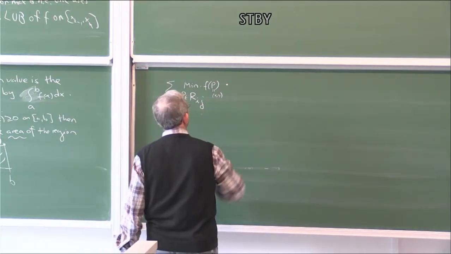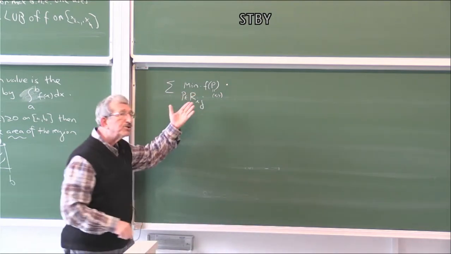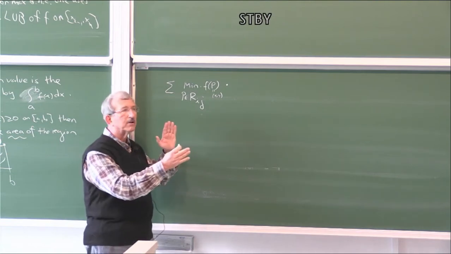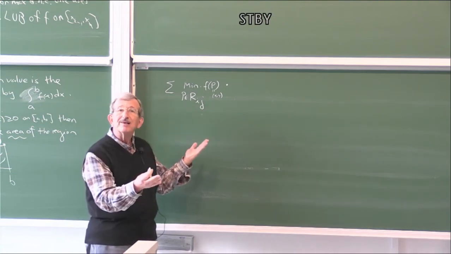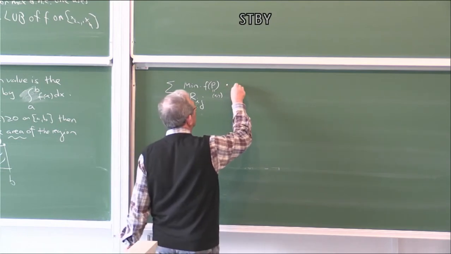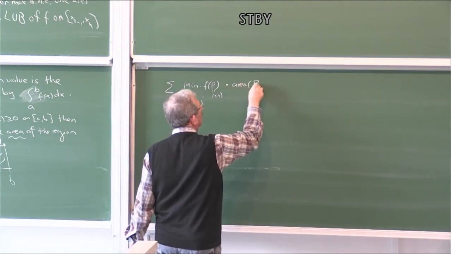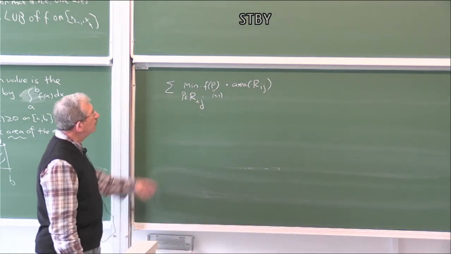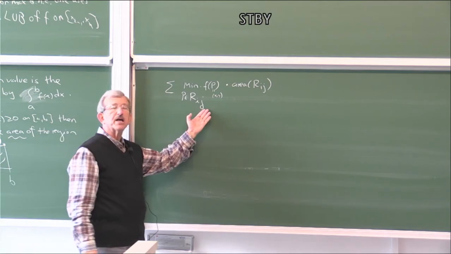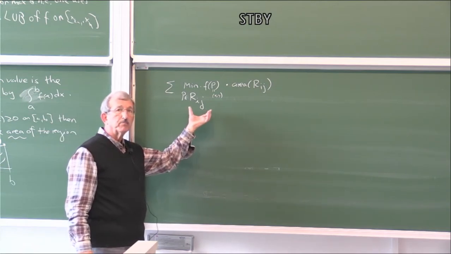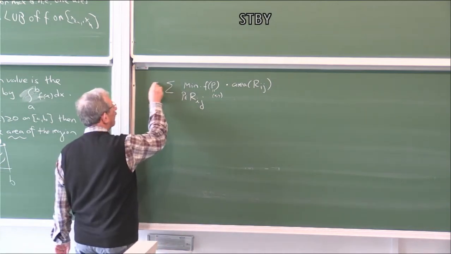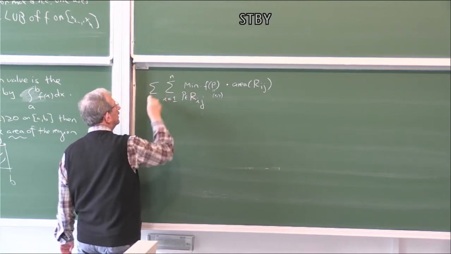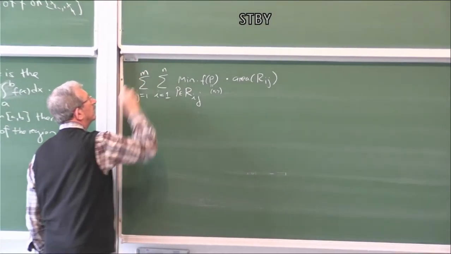And then we will multiply, in analogy with the one-dimensional case, where we put the length of the interval. Well, now we have small rectangles. So we will multiply it with the area of the rectangle Rij. And then we will sum over all i's and j's. Well, there are two of them, so we can formulate it as i running from 1 to n, j running from 1 to m.